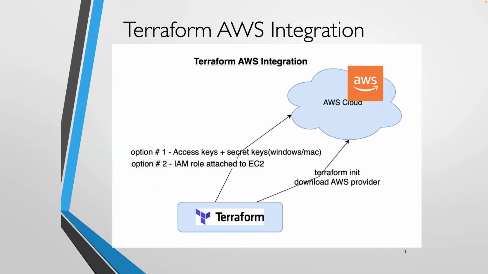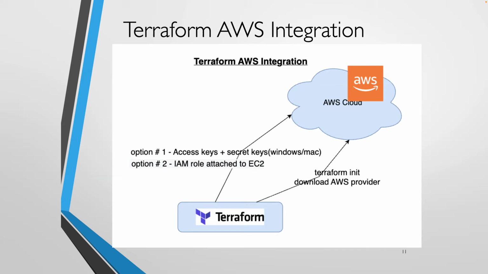Similarly, let's say you want to integrate with Azure cloud, you also need to download the respective provider like Azure provider, right? But we are talking about AWS cloud only, at least for this particular lecture. We will also learn how you can integrate Terraform with Azure cloud, maybe in some other lecture.